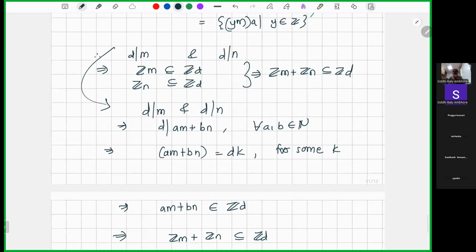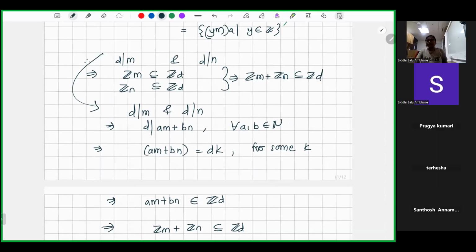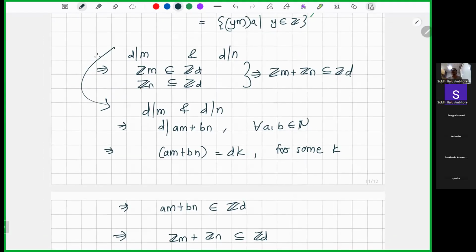Here to here, you can directly say this, there is no harm, but also it's not that trivial that you can just conclude it. It is true because ZD is a group, and once it is a group, it is closed under addition.